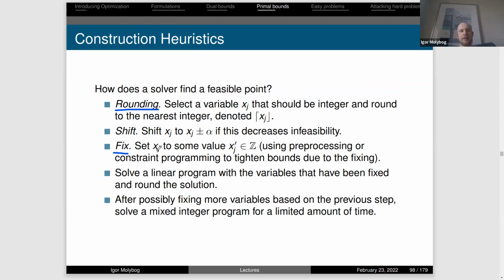You are setting some variables to be fixed at some values, and then you treat them as the parameters of the problem, and you solve for the rest of the variables, assuming that this particular variable or subset of variables are fixed, and that actually reduces the size of your problem dramatically. So the rounding and the fixing are the two very important examples of heuristics. I just want to stress on this.